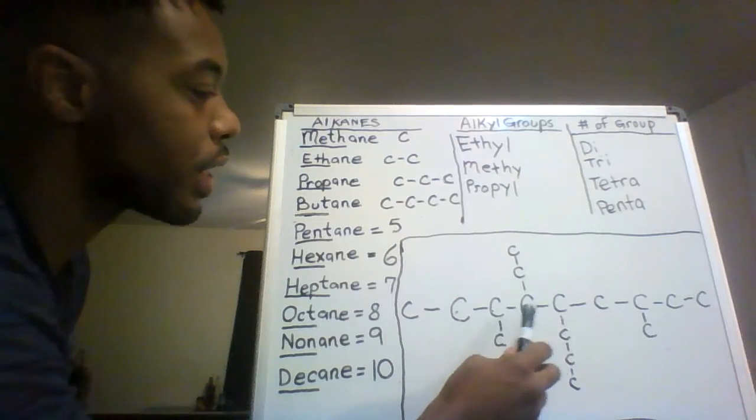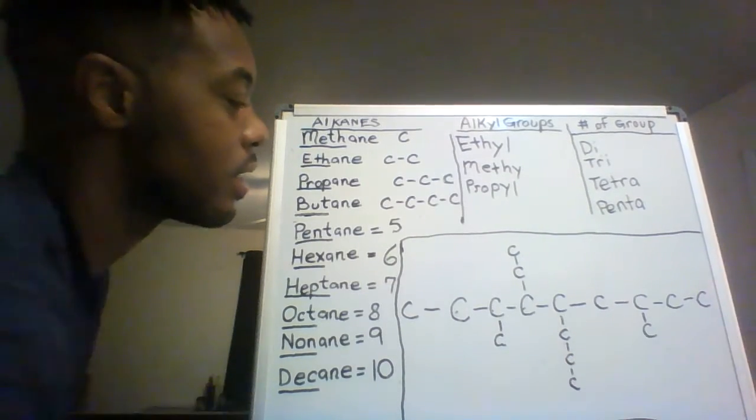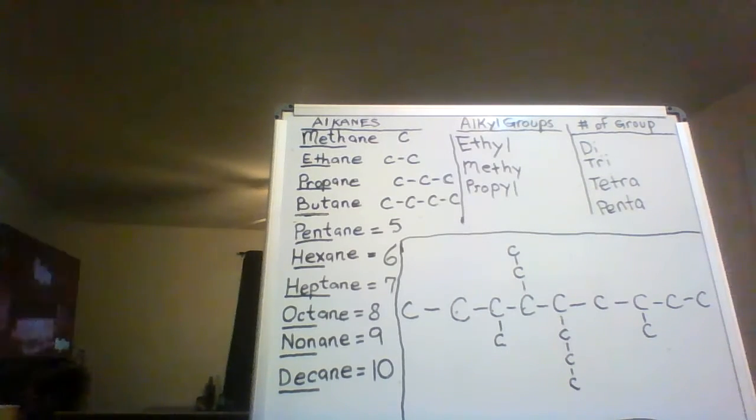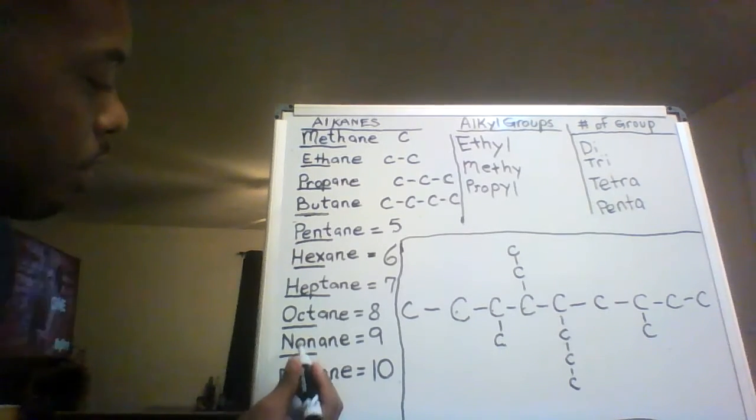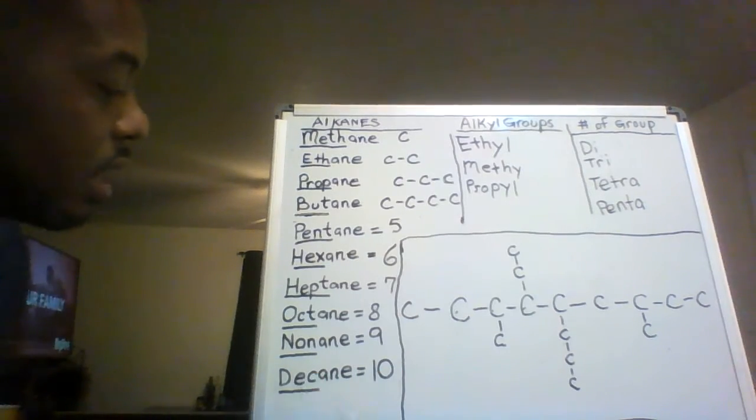1, 2, 3, 4, 5, 6, 7, 8, 9. Nice. Got it. Okay. Now that we know we have 9 of them, we go over here and we know it's going to be a nonane.